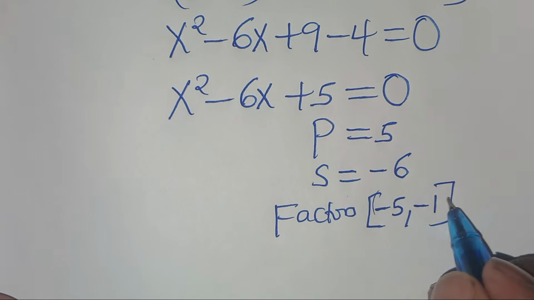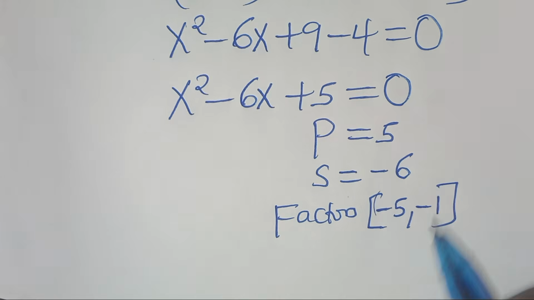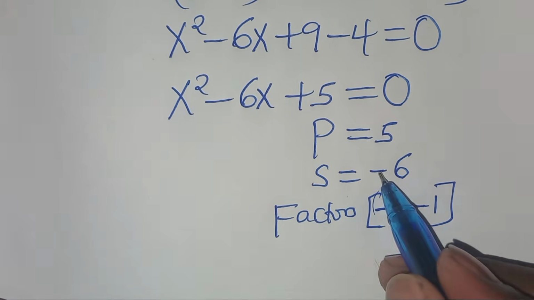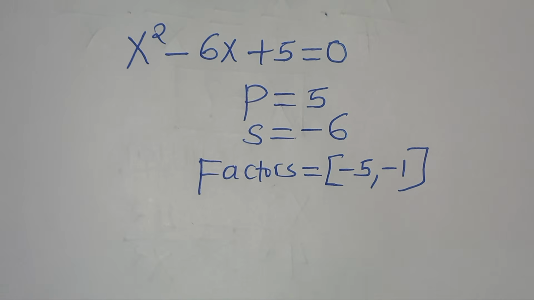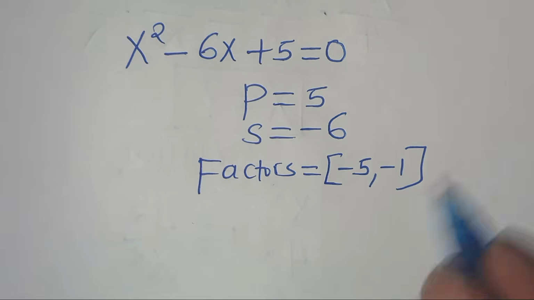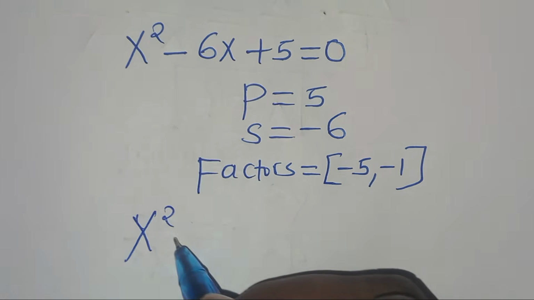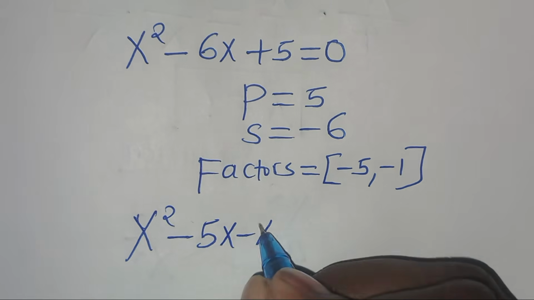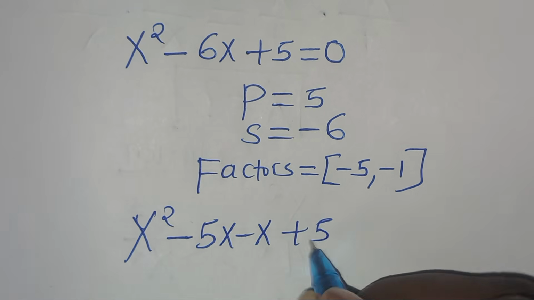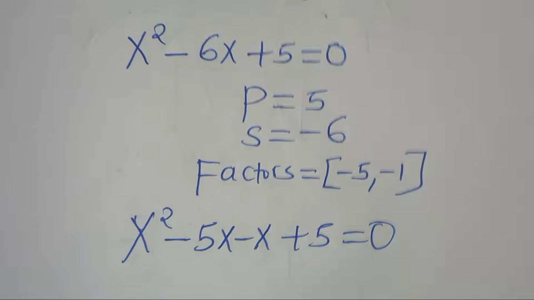Negative 5 times negative 1 is 5, and negative 5 plus negative 1 is negative 6. So let's substitute these two factors. Now substituting, we have x to the power of 2 minus 5x, subtract x, then plus 5, equal to 0.